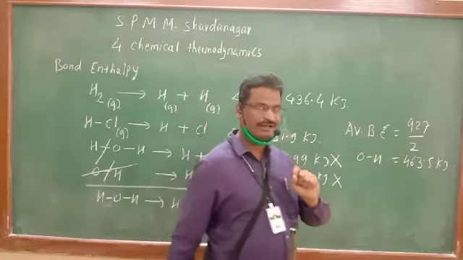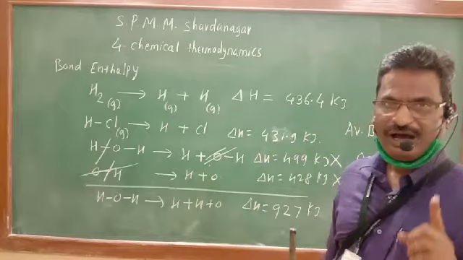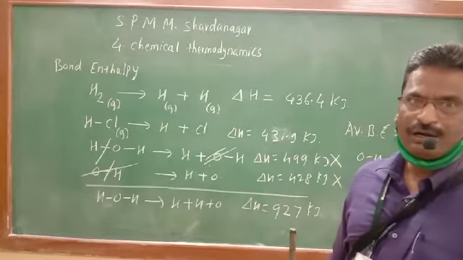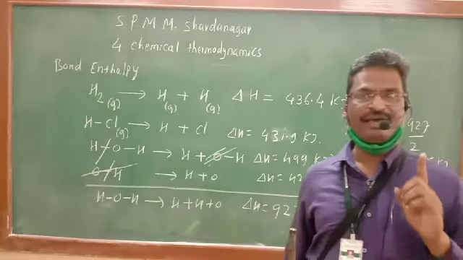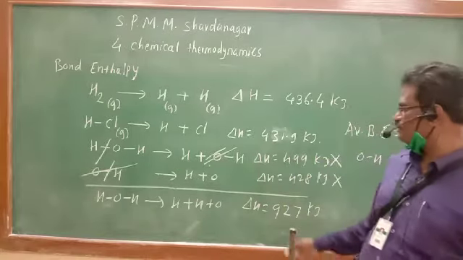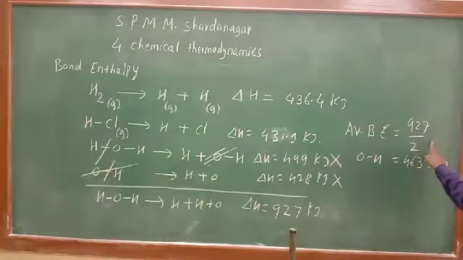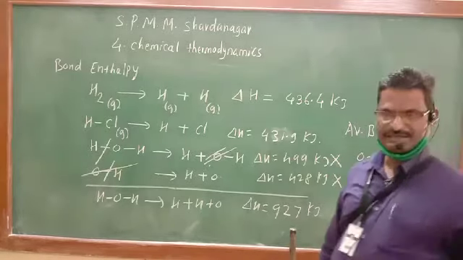Means what we have taken? Is it absolute value or is it average value? This is the average value. This is known as average value. Therefore, in polyatomic molecules, instead of considering absolute bond enthalpy, their average bond energy, average bond enthalpy is considered.